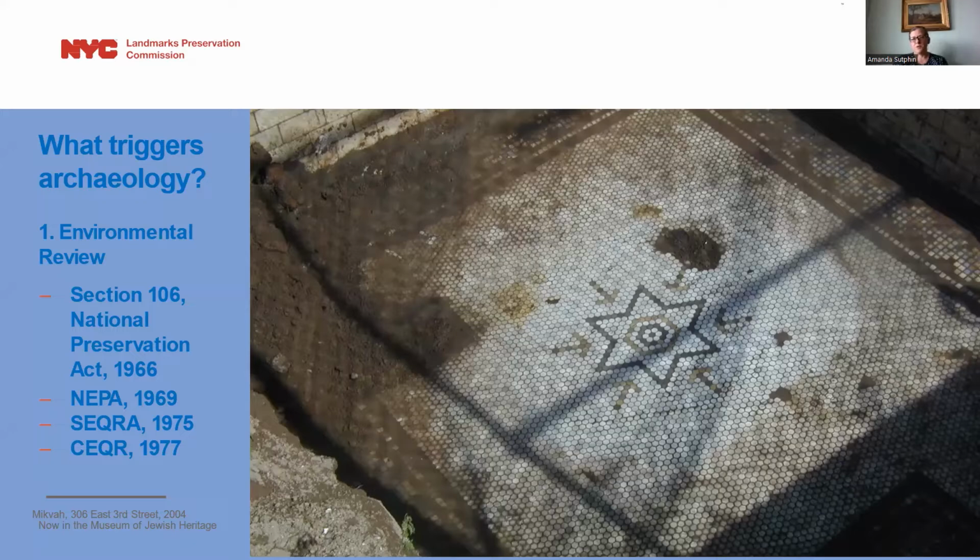And that is how most archaeology happens. This picture is showing a mikveh that was found in the Lower East Side of Manhattan. The mikveh dates to the late 19th century, and a mikveh is a ritual Jewish bath. At that time, there were many Jewish immigrants coming through New York and settling in that neighborhood. This mosaic is now on display at the Museum of Jewish Heritage, which is in Lower Manhattan.